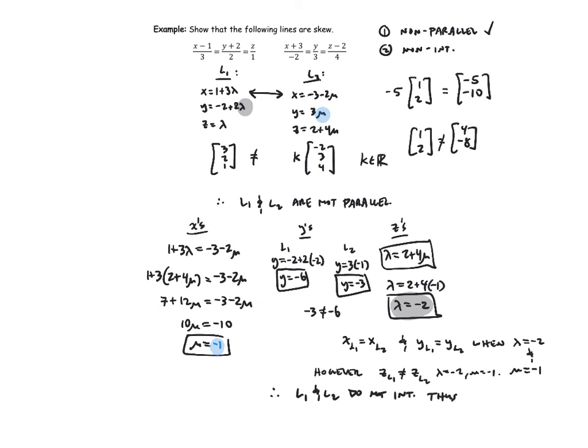Thus, they are skew, right? So long example, but I showed that these two lines were non-parallel, non-intersecting, and therefore they have to be skew.